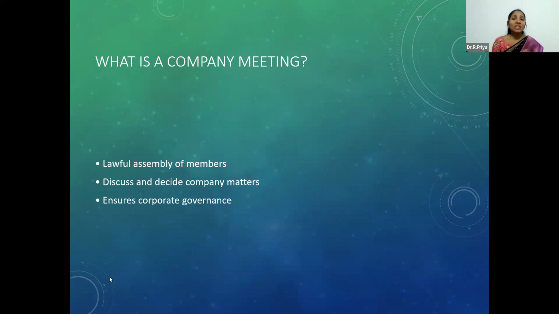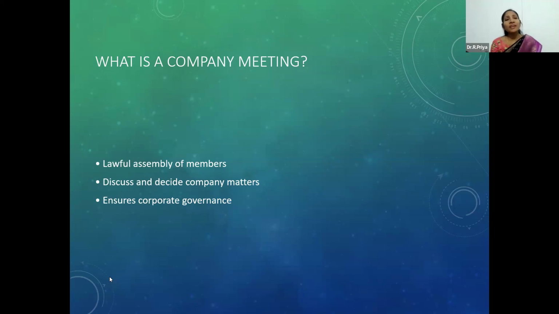These matters are discussed, debated, and finalized through resolutions passed in that meeting. These resolutions reflect the collective will of stakeholders, especially the directors, and become binding on the company.